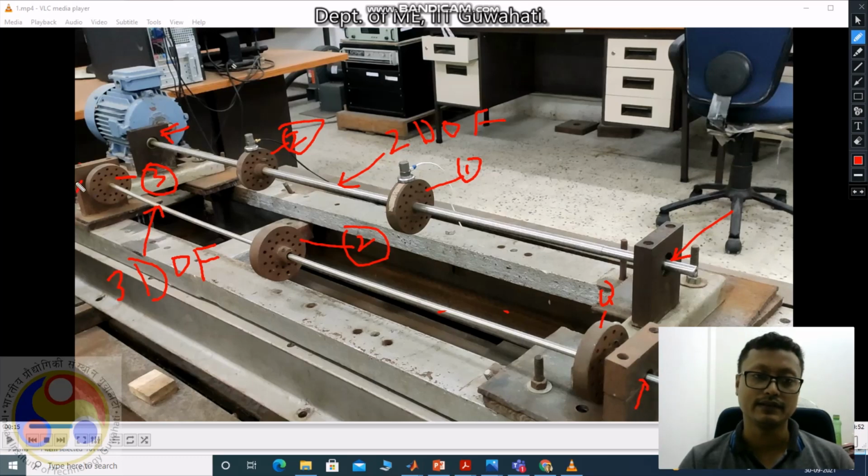Okay, these are the bearings. In the first case we are taking data with the 2 degree of freedom by considering these masses at different locations. In the first case, these distances L1, L2, and L3 should be equal.